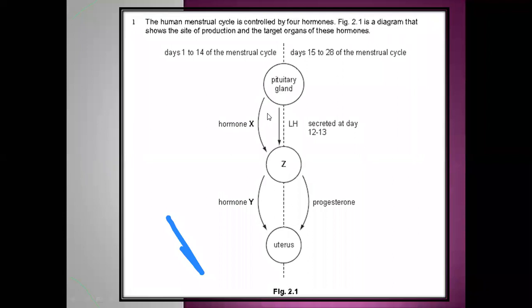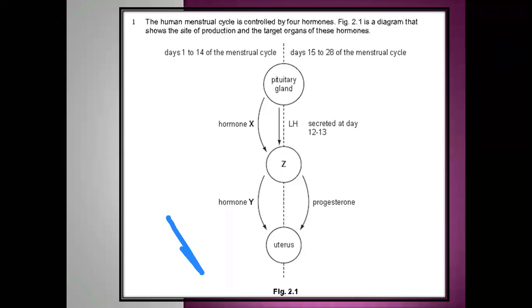One is hormone X, right? Another is LH. So the X hormone should be follicle stimulating hormone. This pituitary gland will produce that before luteinizing hormone to make the follicle cell mature within the ovary, right? So Z is actually the ovary. Z is what? Ovary, because these two hormones are stimulating the ovary.